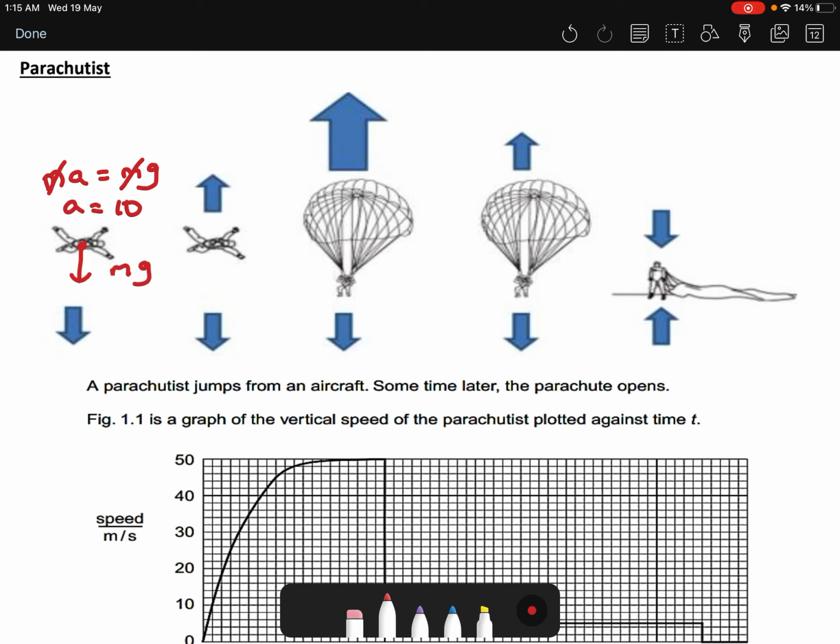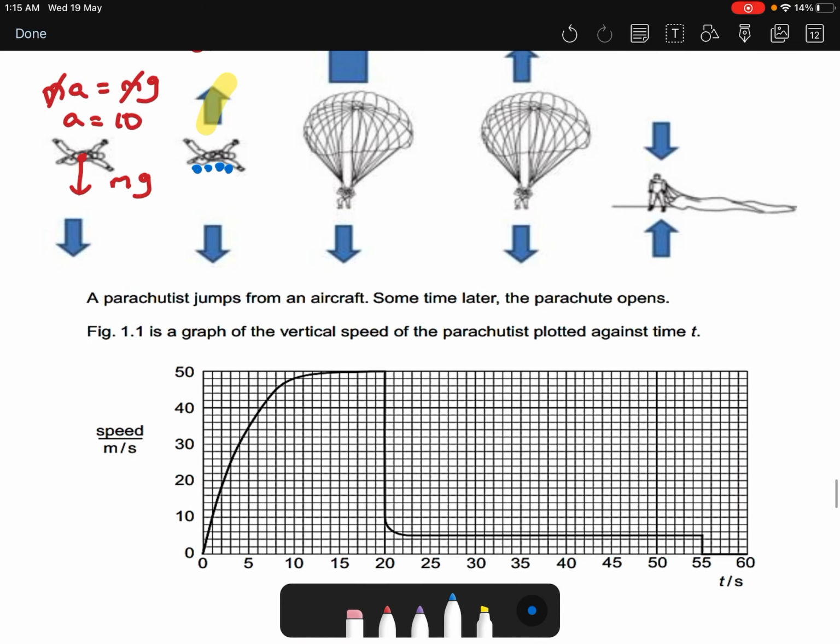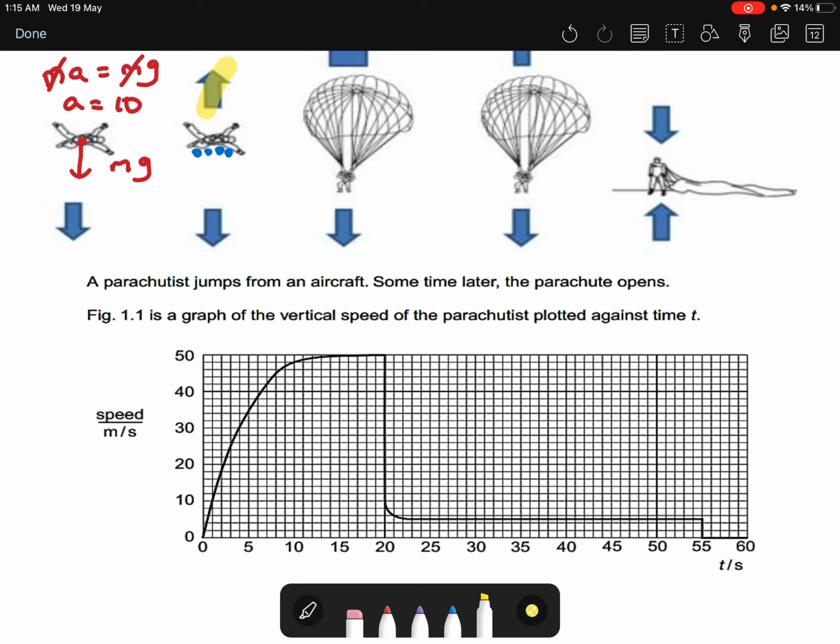As you move faster through the air, the air resistance begins to increase as well. So of course your acceleration will decrease, but not to 0, because air particles begin to act on his body to oppose him. If you look at the graph, there will be a point before he opens his parachute where he will reach the first terminal velocity.